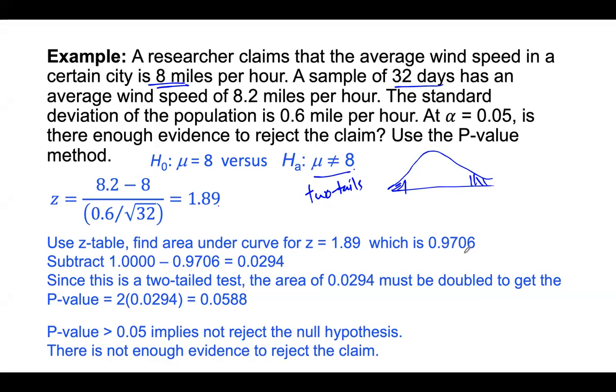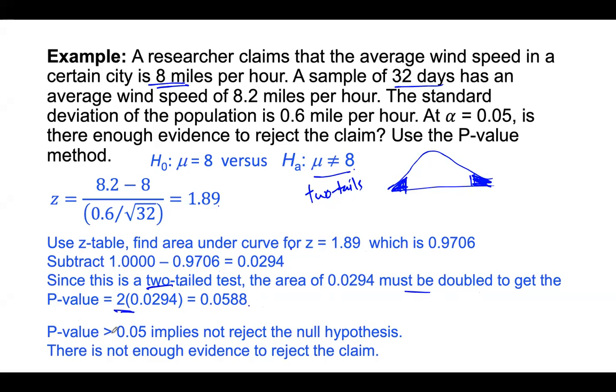And we can subtract to get the area under the curve for one of the tails, right? But because it's 2 tails, the area must be doubled, right? Because there's an area here, a p-value here, and a p-value here. So we just multiply it by 2 and we get our p-value.